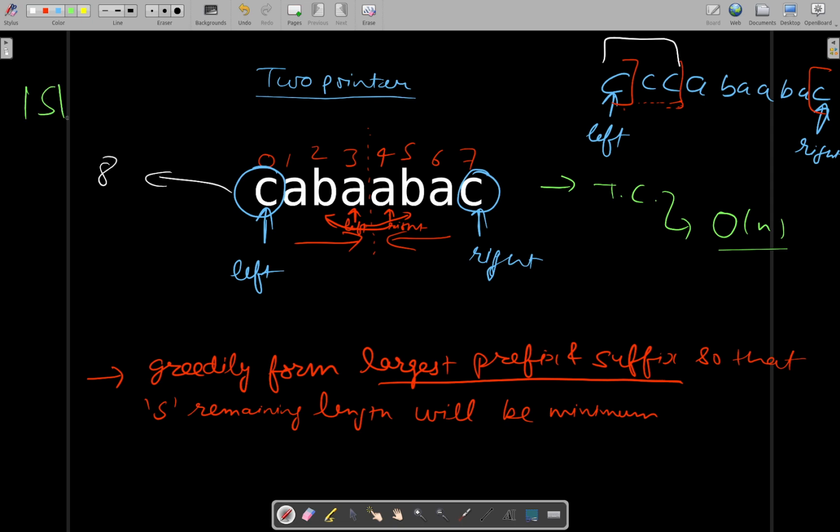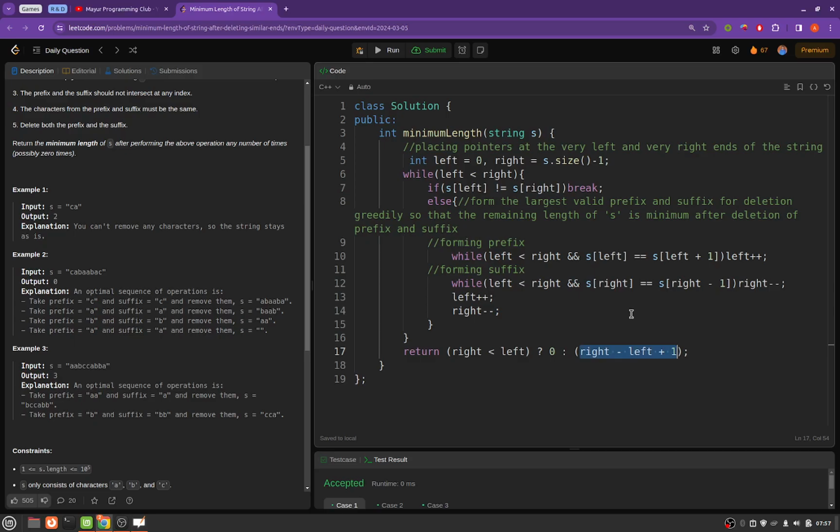Okay, if let's say string is s and its size is n, so this is the time complexity. And space complexity wise, it will be constant since we are not using any extra space here. Okay, so these will be the complexities and this will be the approach and implementation.